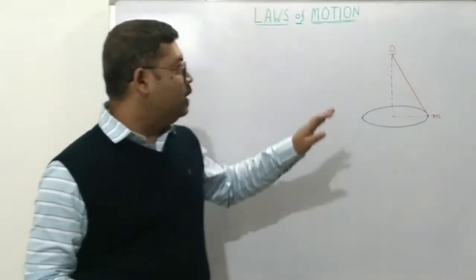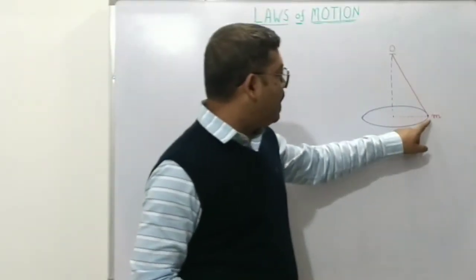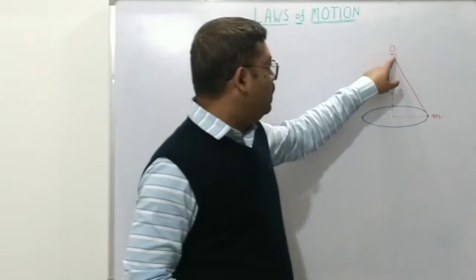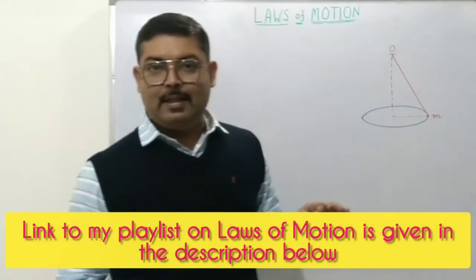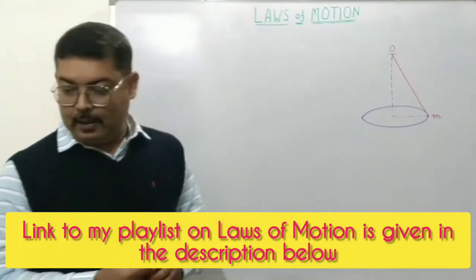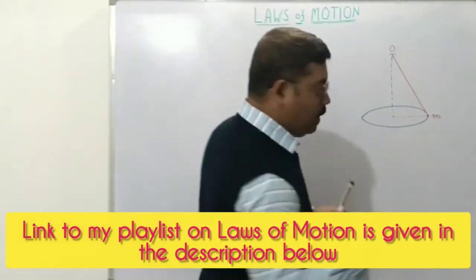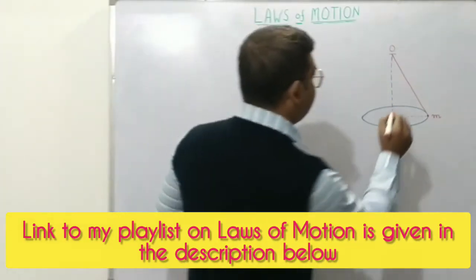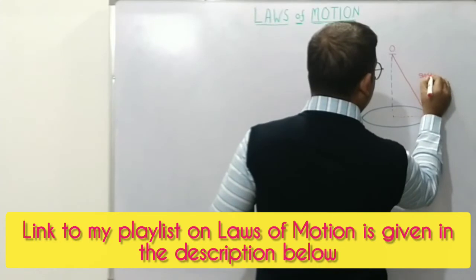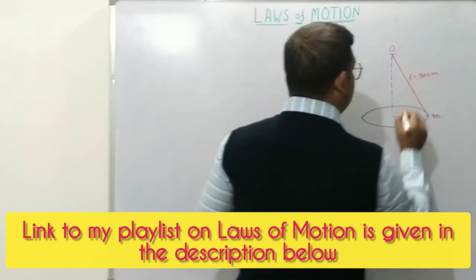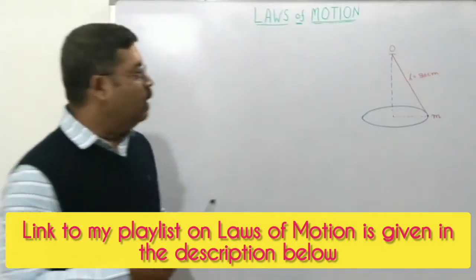Alright, now let's consider that there is a mass m tied through a massless inextensible string of length 30 centimeters.